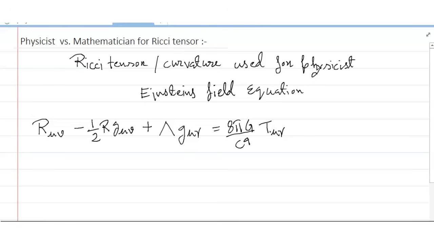So friends, this equation is called the Einstein field equations.